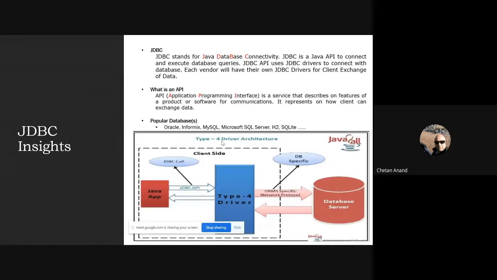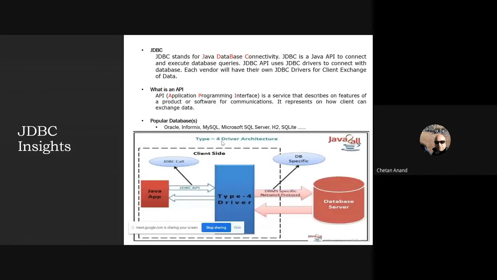In this case, the communication is between the client and the server. The server is the database. The client could be Java or Python or C, whichever the language. So you will have to use the specification of the API to communicate with the server.